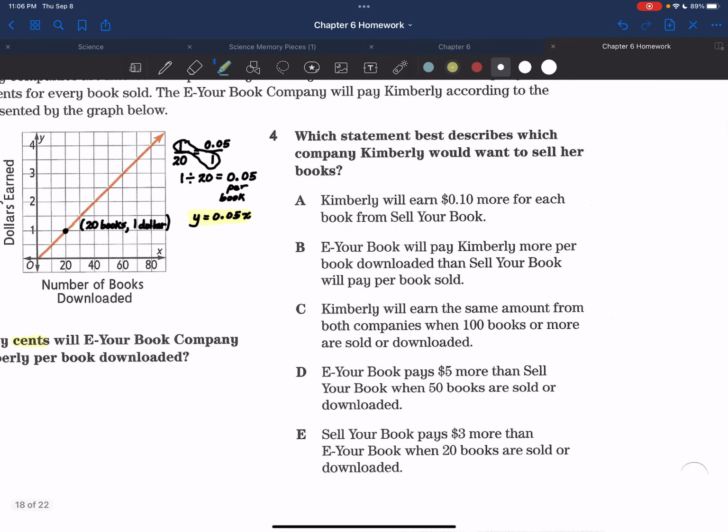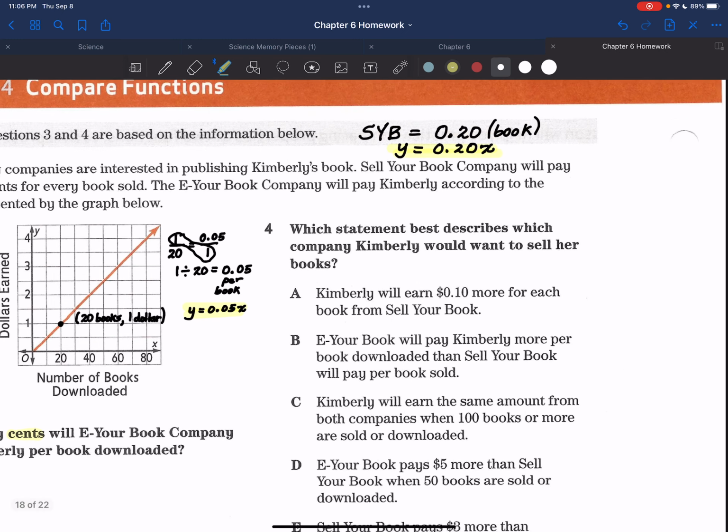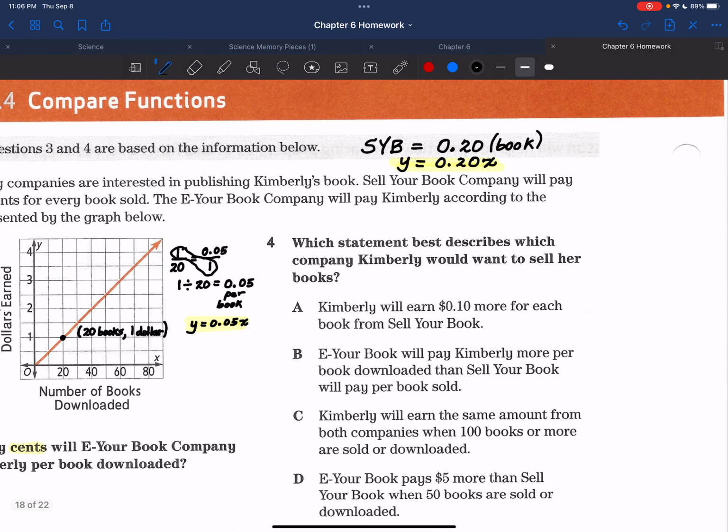Which statement best describes which company Kimberly would want to sell her books? Kimberly will earn 10 cents more for each book from Sell Your Book. Well, let's see. Sell Your Book will pay her 20 cents per book. E Your Book will pay her 5 cents per book. So the difference there is 15 cents, not 10.